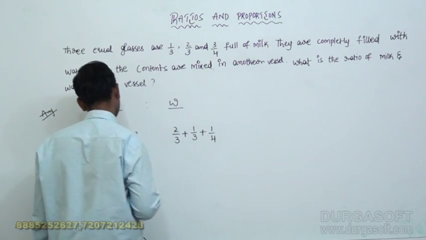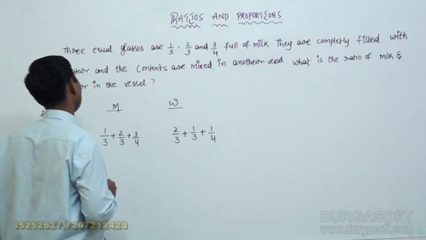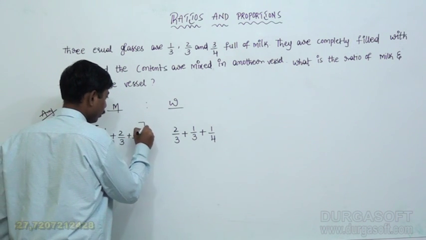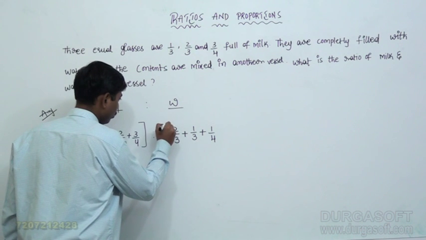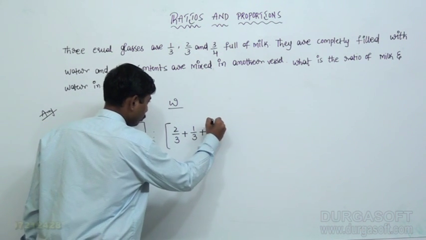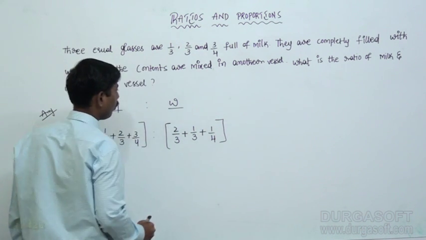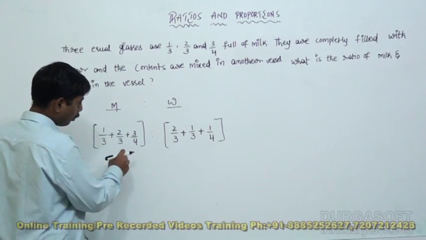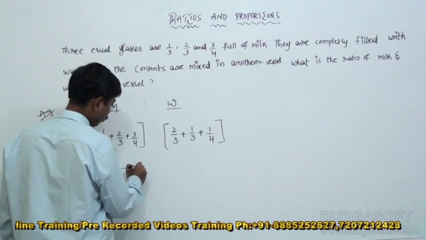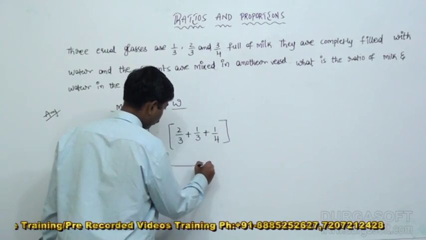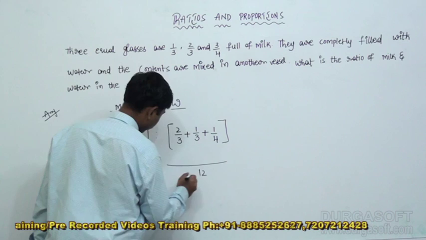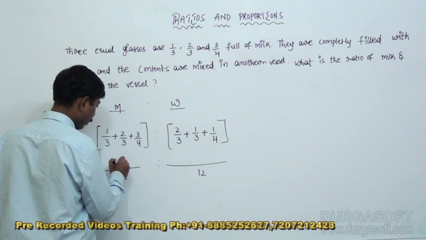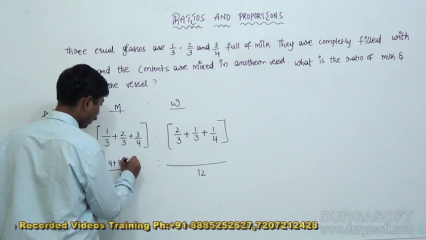When I talk about the ratio of milk to water, what could be the ratio of milk to water in the vessel? When you mix these 3 glasses into the vessel, the ratio of milk to water should be like this only. What is the least common multiple here for 3 and 4? 3 and 4 already we know, guys, that is 12. 12 means how many times applicable? 4 times. 8, 9.